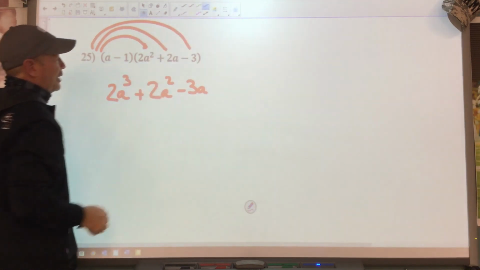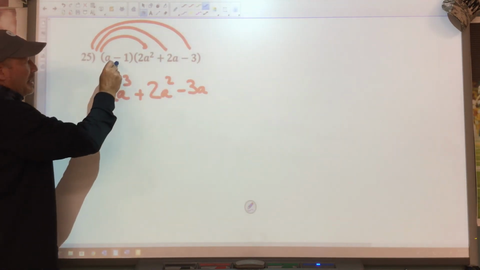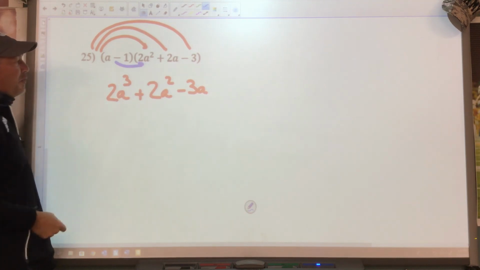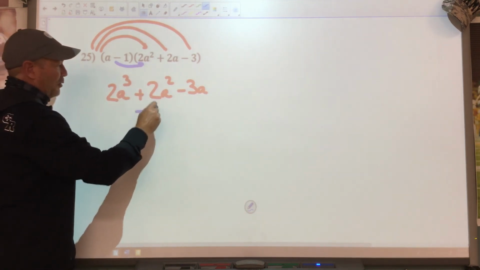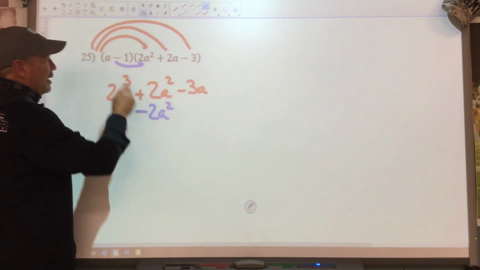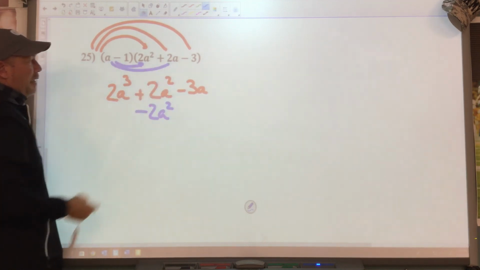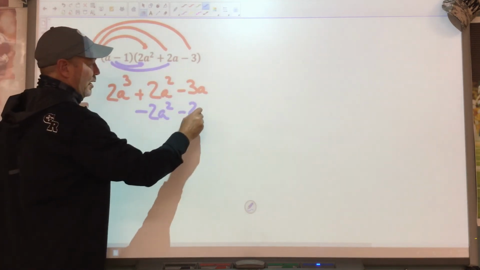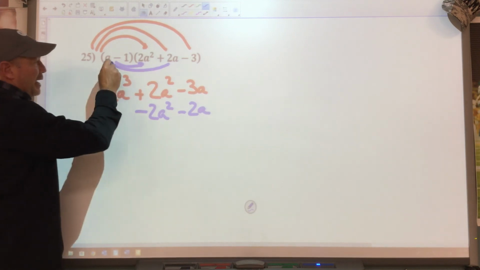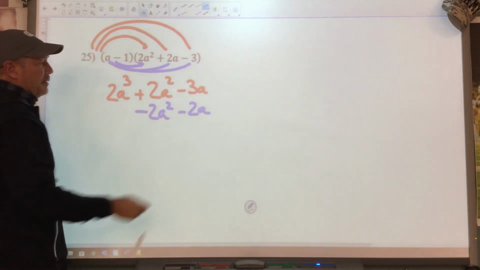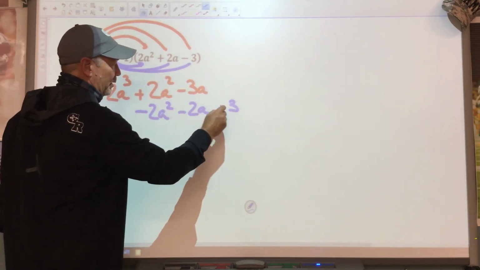If we change it up, change colors, we're going to go underneath. Negative 1 times 2a squared is a negative 2a squared. Negative 1 times 2a is a negative 2a. Negative 1 times negative 3 is a positive 3.